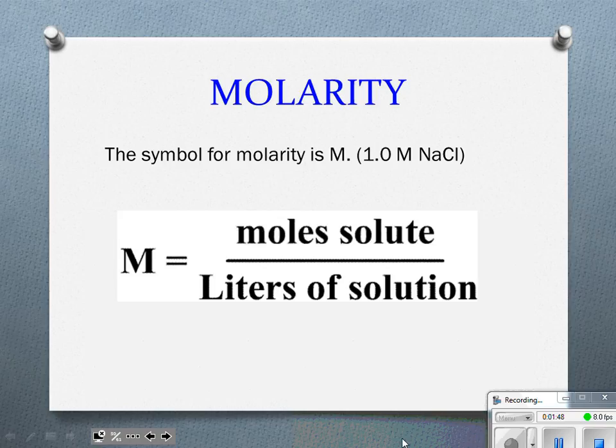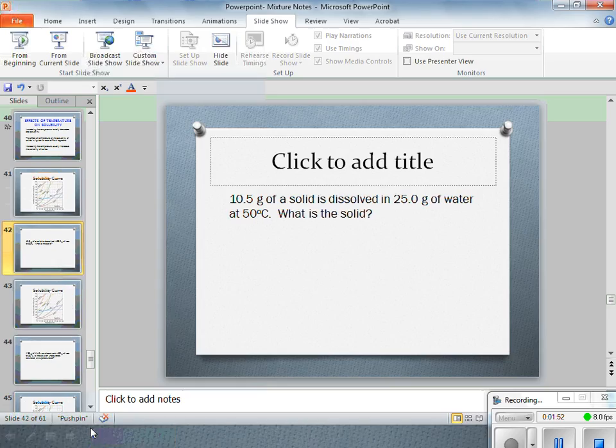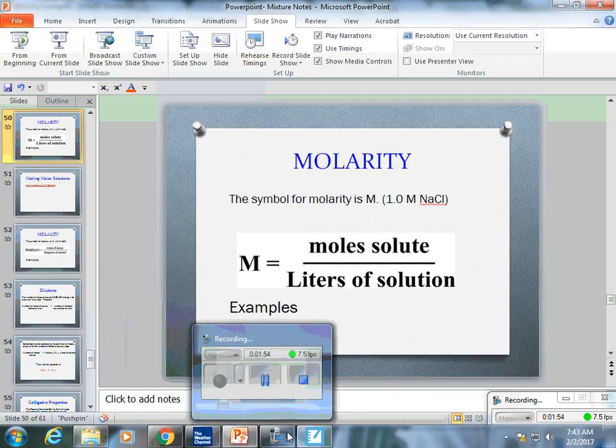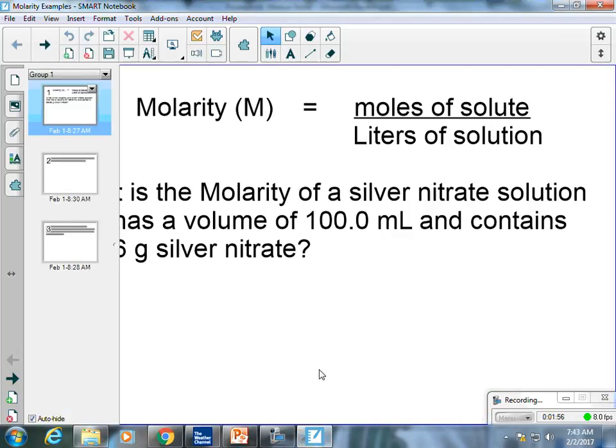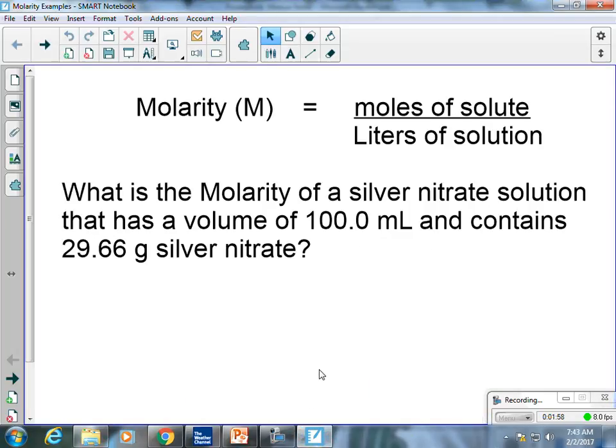Now, here we go with our first example. So go ahead and copy down the example and then we'll work it.